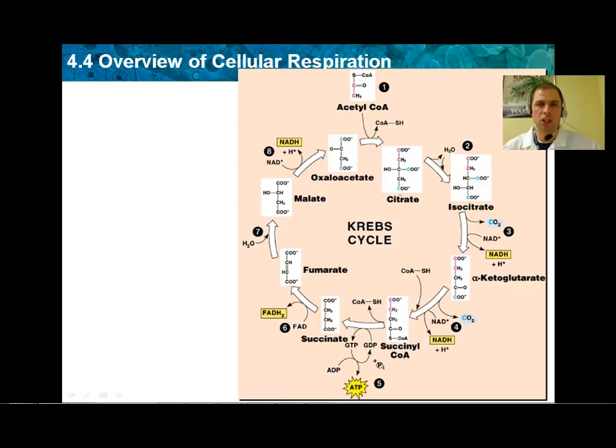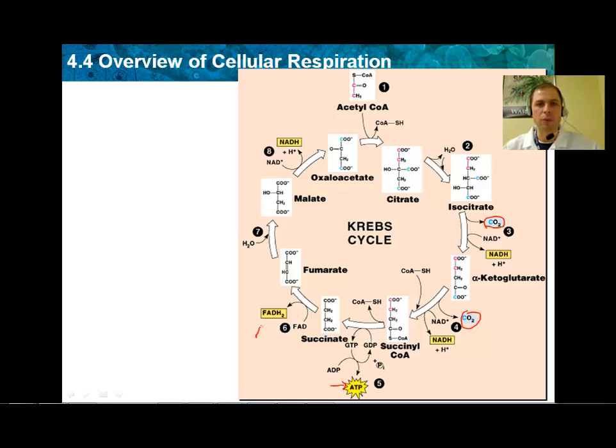What are we going to do with those 6 carbons in the citrate molecule? Notice what starts to happen here as we break that down, eventually releasing CO2. And as we release CO2 in these 2 locations, we still maintain our 4-carbon compound, and this cycle continues and continues. But notice down here how we've produced ATP.